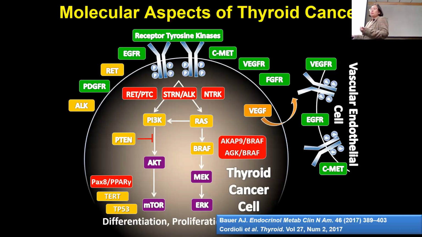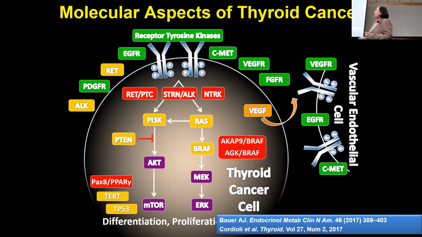You remember I said there could be one mutation, there could be multiple mutations. So we want to see whether it is down the RAS pathway or the BRAF pathway, or it's a different pathway, the mTOR PI3 kinase pathway, or when we do moleculars, do they have RET fusion, or do they have a c-MET mutation? What is the driver of this tumor? And that's what we try to identify when we ask for molecular testing.